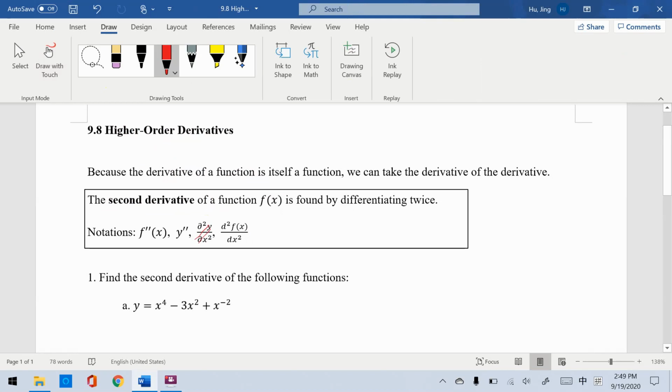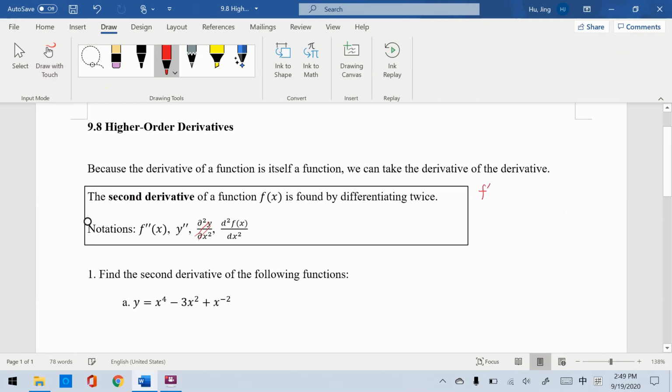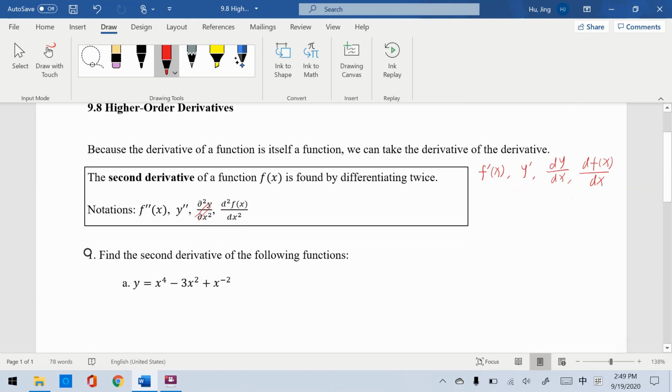So the notation is, for the first order, f prime or y prime or dy/dx, or d/dx of f of x. The second is based on the first order derivative, so you add one more prime.